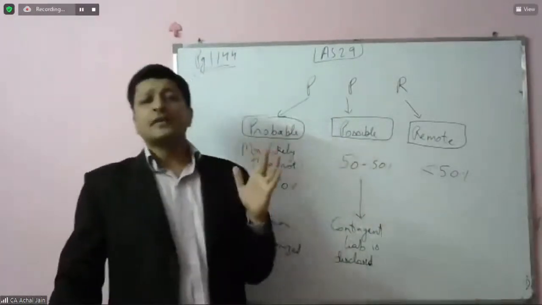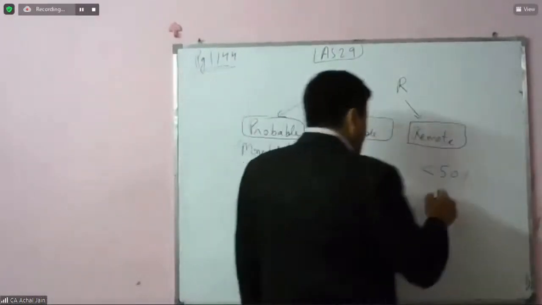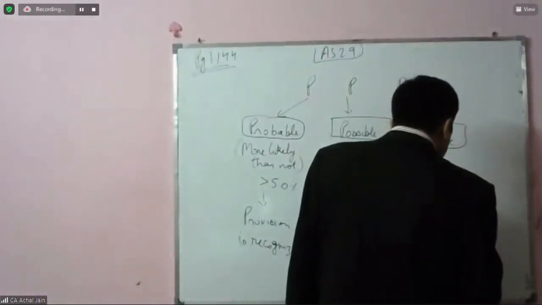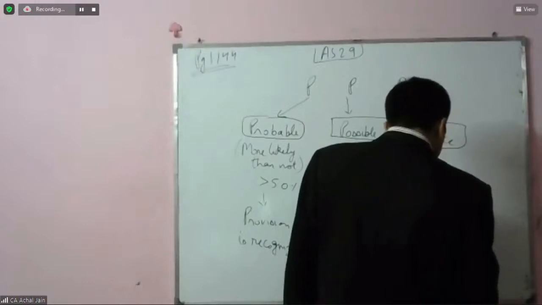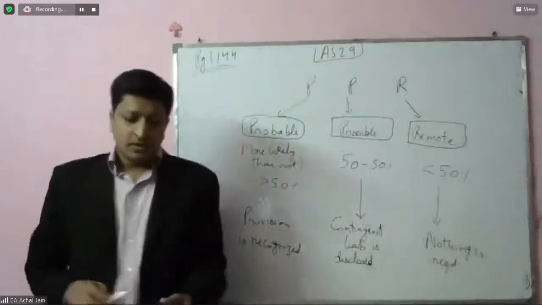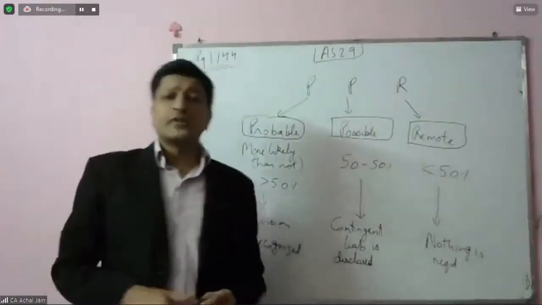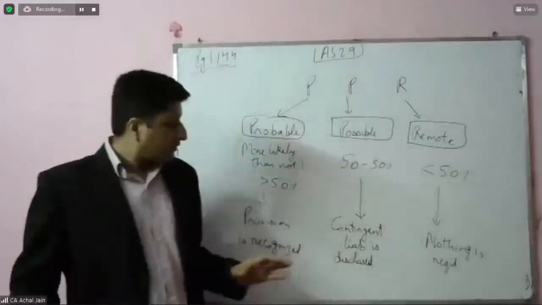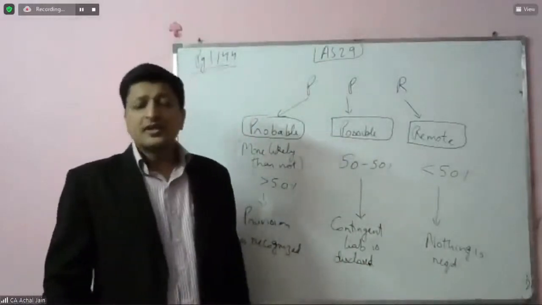Means both of them will not be done. In fact, nothing will be done in the financial statements. So you can say nothing is required. Neither create a provision nor disclose a contingent liability.